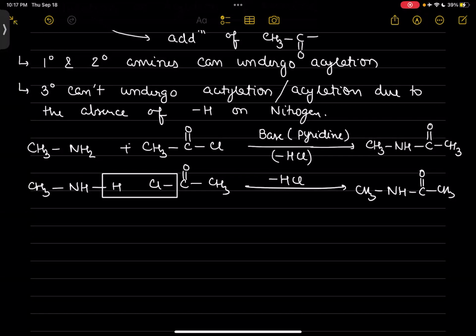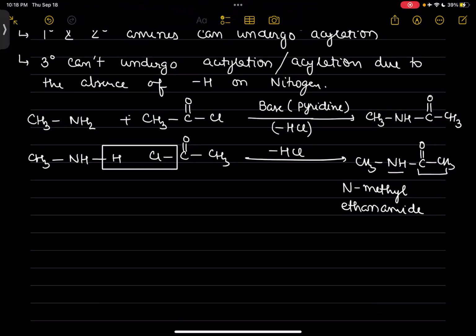So if you do this, you will observe that your amine is now acetylated. It is N-methyl ethanamide. On nitrogen, you have a methyl group. Is it clear or not?